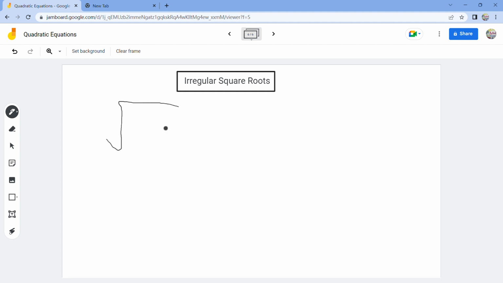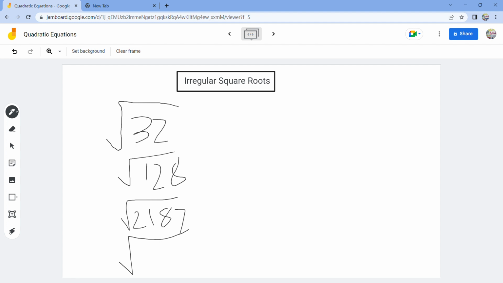Irregular square roots over here is like not perfect, the square root of non-perfect squares, probably.